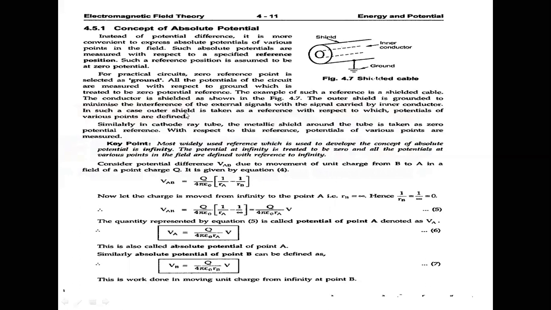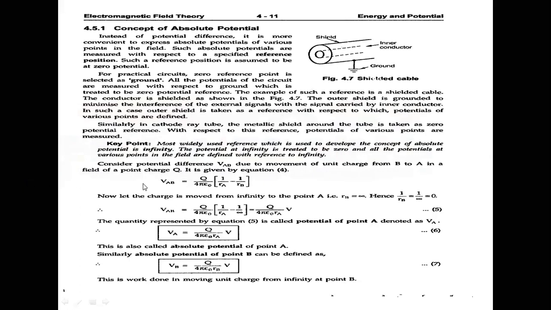In such a case, the outer shield is taken as the reference with respect to which the potentials of various points are defined. Similarly, in a cathode ray tube, the metallic shield around the tube is taken as the zero potential reference with respect to which the potentials of various points are measured.